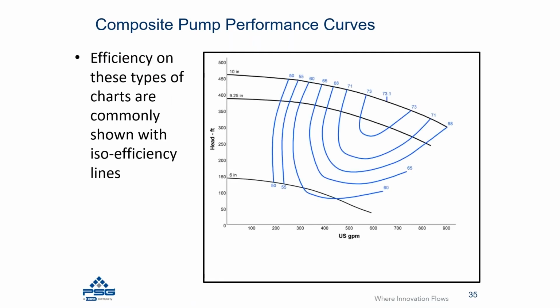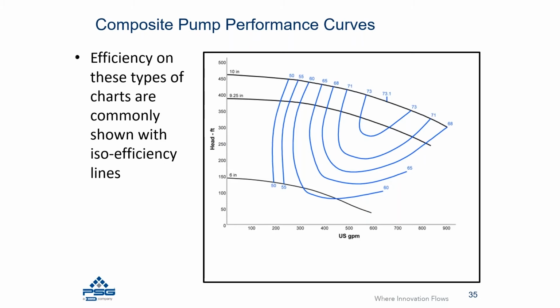In order to be able to communicate efficiency, there's efficiency lines that are called ISO efficiency lines, and they look quite a bit different than the straight curve that I had shown earlier on our performance curve, but it makes it easier to understand how this pump's going to operate when you start adding the composite curve or multiple impeller trims onto one chart. And so what you're seeing here is a group of lines, and each one of the lines represents a specific efficiency level.